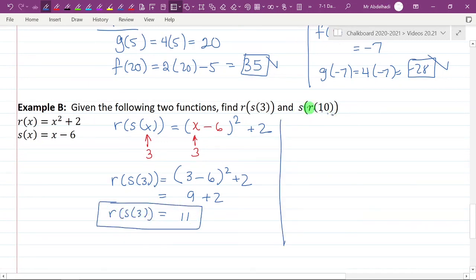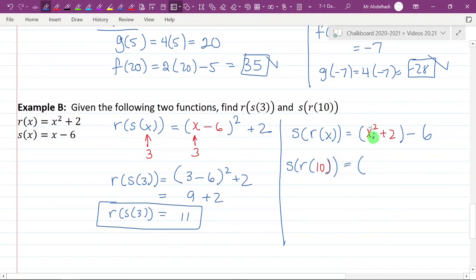And now over here, what's S of R of 10? Well, we need to find S of R of x, the function, first. Outer function is S, which is blank minus 6. Blank minus 6. Inside is x squared plus 2. Now we need to find what's S of R of 10. So S of R of 10 is what you get when you make all the x's into 10s. So I'll put a 10 here for this x.